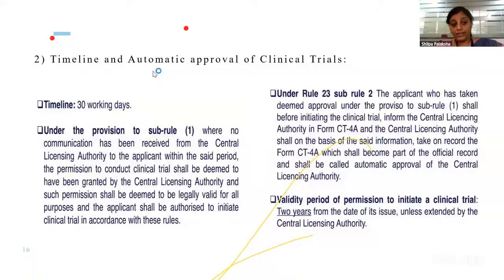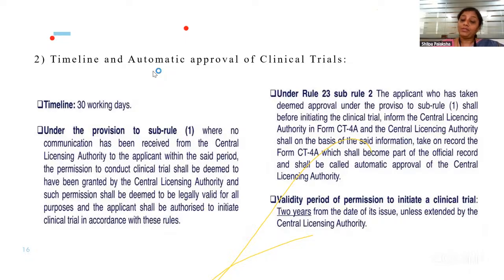Once that is done, he will be informing the central licensing authority through form CT4A that the approval was of this date. Then the central licensing authority will record it, CT4A will be part of the official record, and it shall be treated as the automatic approval from the central licensing authority. So this is the rule applicable here.